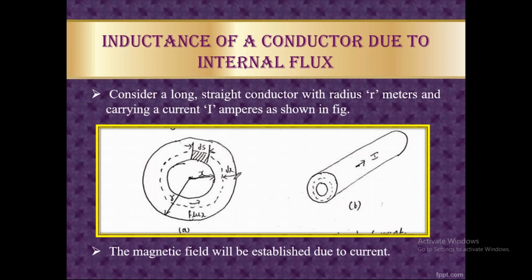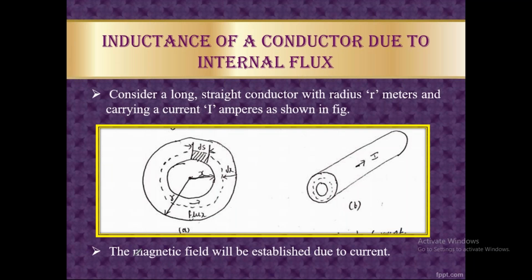So here x is the inner radius and r is the outer radius. It means that from the origin to where the steel conductor is located, the radius is denoted by x, and from the center point to the outer surface it is denoted by r.